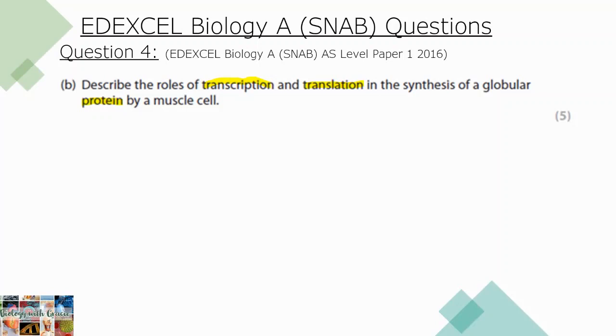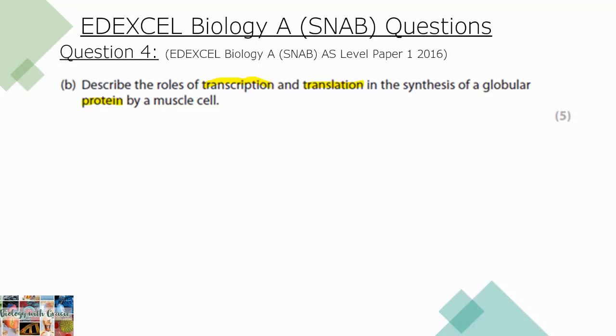We can then say that complementary base pairing between the RNA nucleotides and the DNA occurs in order to produce mRNA. And then once that's produced, transcription is complete, and then translation begins in the cytoplasm. So the mRNA leaves the nucleus and it attaches to a ribosome.